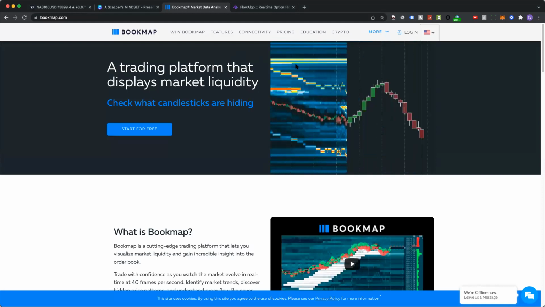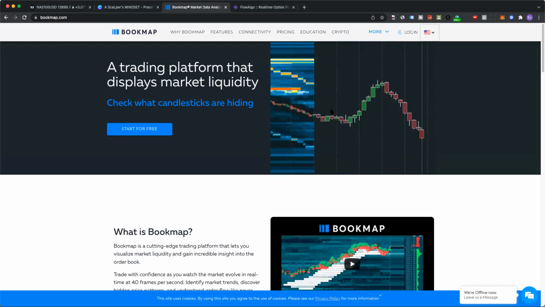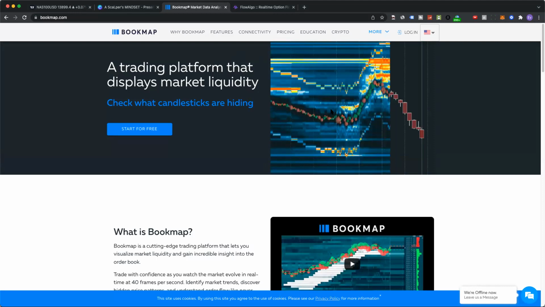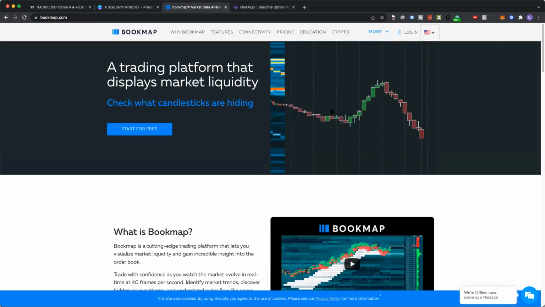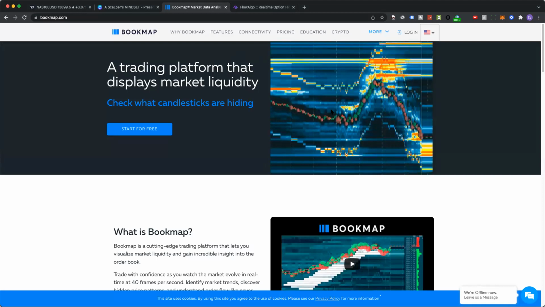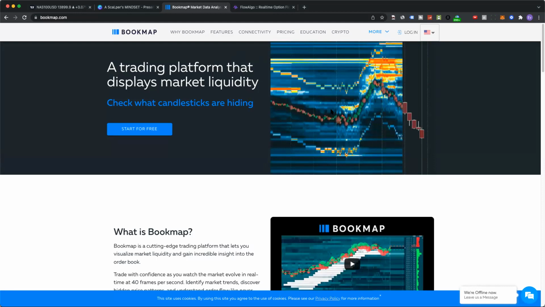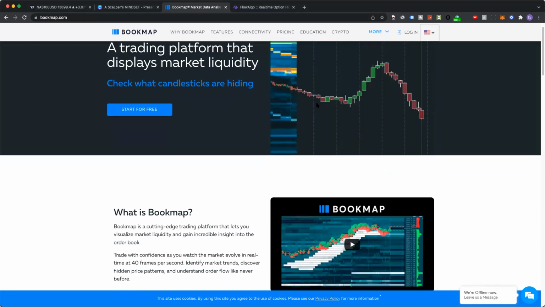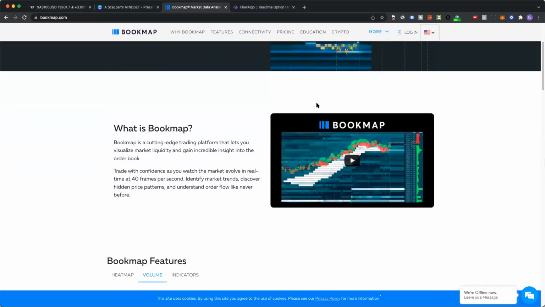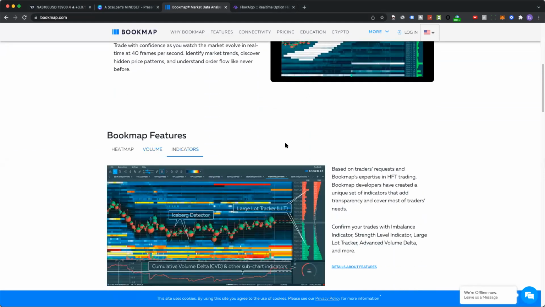So I'm not going to teach this right now. This is going to be way later. It's not something that you absolutely need to have unless you really, really want to see different levels in your charts to confirm your trade bias. It's a really, really great tool. So once I teach you this, you're probably going to have this just running all the time.